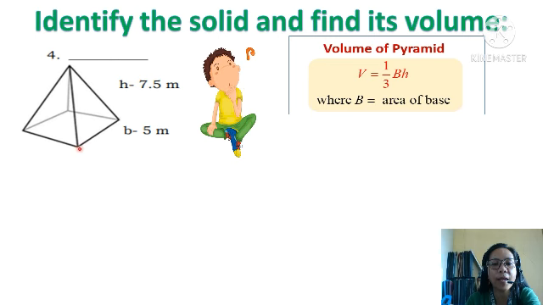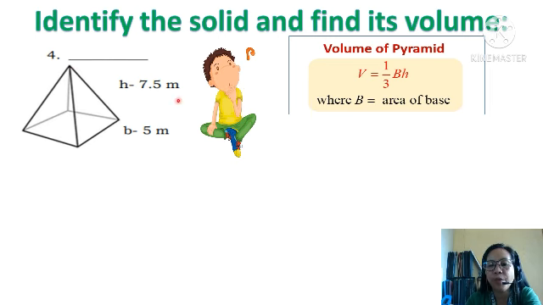So, ibig sabihin, kaagad masabi mo na yung bawat gilid sa base ng pyramid na ito ay pareho ang sukat dahil iisa lang ang binigay na data. Only 5 meters. At mula sa kanyang base papunta doon sa taas, which is the height, 7.5 meters ang kanyang sukat.